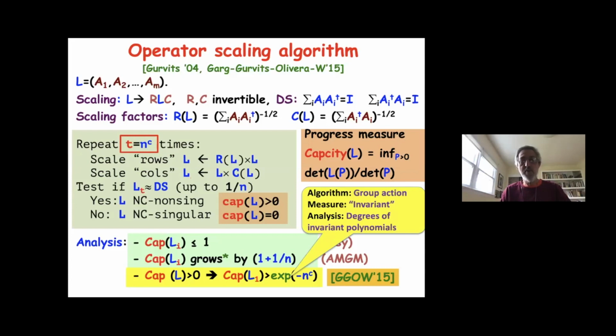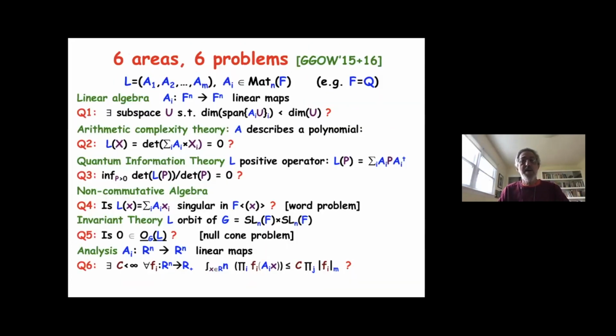Let me just tell you something else before we break. It's about these amazing connections. I mentioned that Gurvits observed that a couple of matrices can have two different meanings: symbolic matrices and also a positive operator.